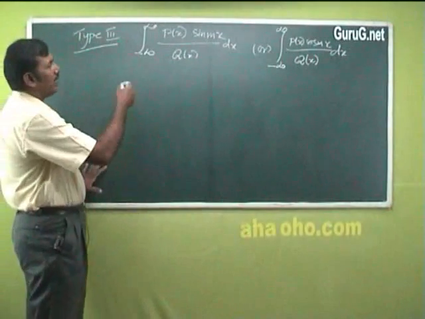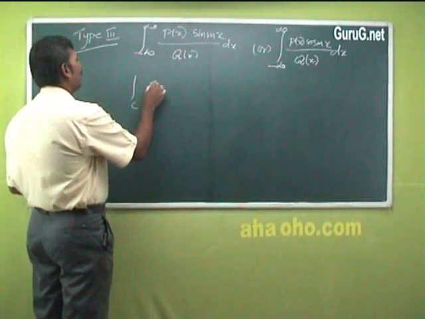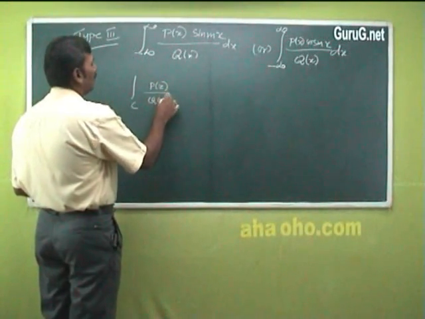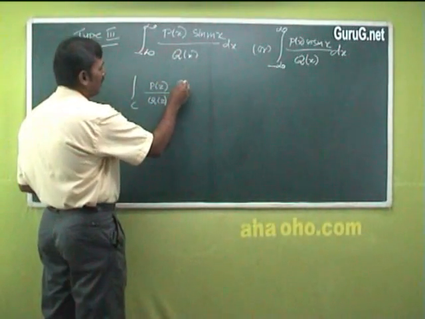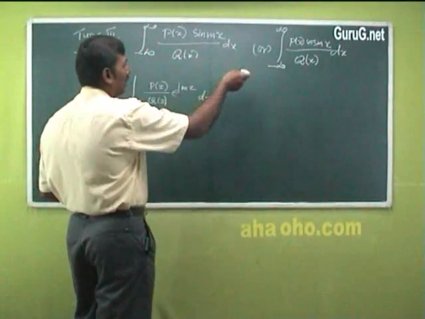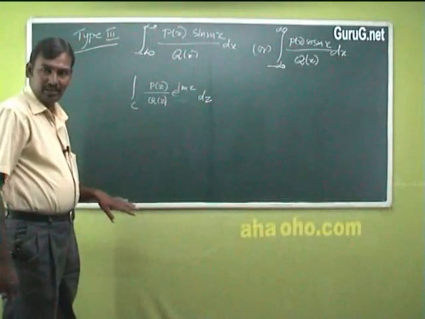You replace x by z, right? So integral over c of p of z by q of z into sin mz or cos mz. You may replace this with e power i mz into dz. So whether sin comes or cos comes, I write e power i mz. Right?